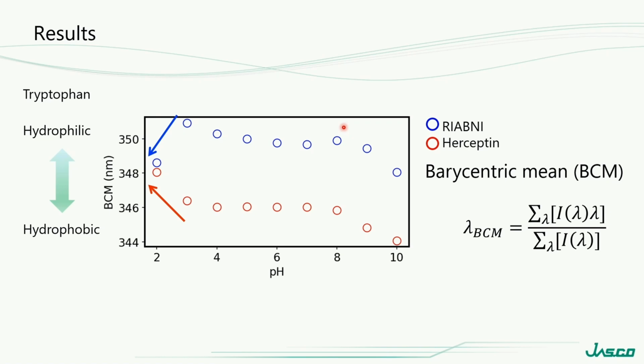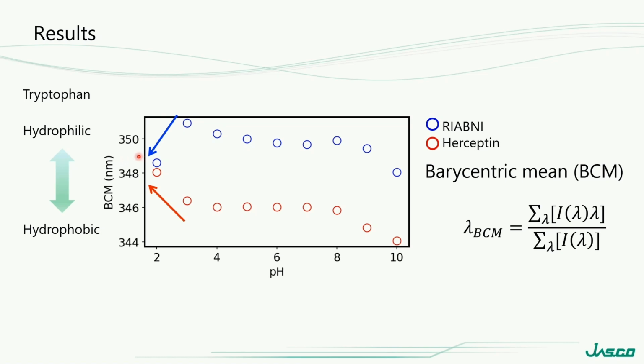Here is the result of peak shift analysis from fluorescence spectrum. Each peak position was calculated by the barycentric mean for robust variation. Both Herceptin and rheanine show the same trend with a red shift of peak as pH decreases, suggesting that the tryptophan is changing to the hydrophilic environment.